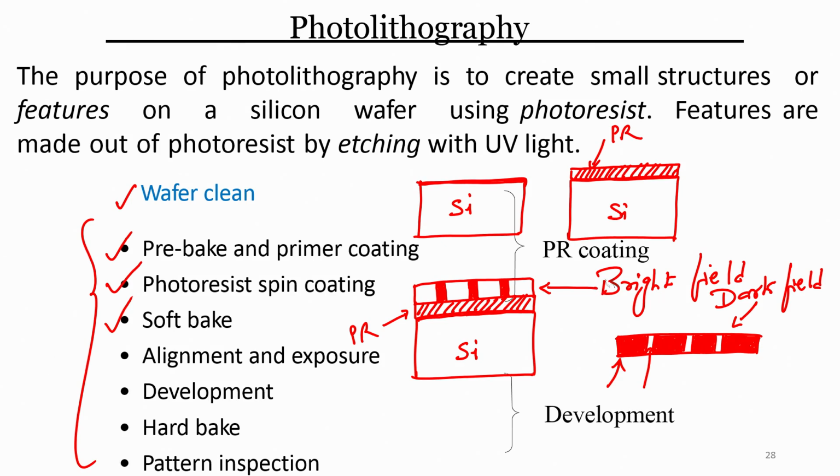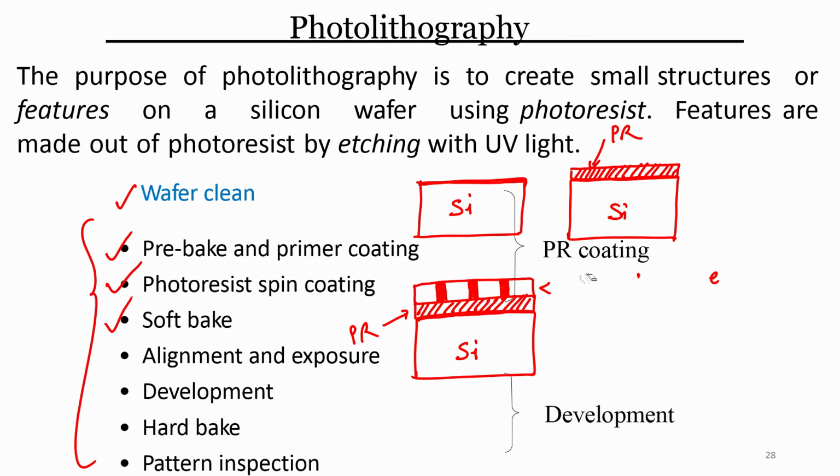Now, next step, let us see. After I load the mask and align the mask with the wafer, I have to expose it. So, I will expose this with UV light. After I expose it, I will unload the mask and dip this wafer in a photoresist developer.